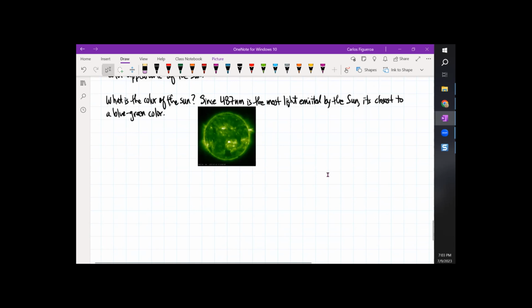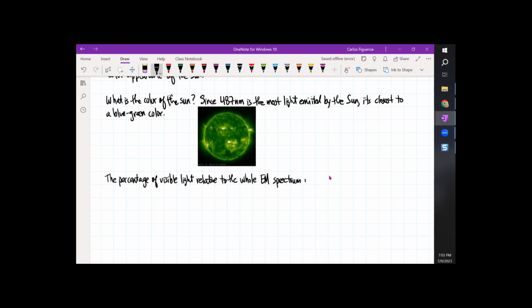So maybe the question that we should answer now, since we've already gone along this direction, the percentage of visible light relative to the whole electromagnetic spectrum is tiny.